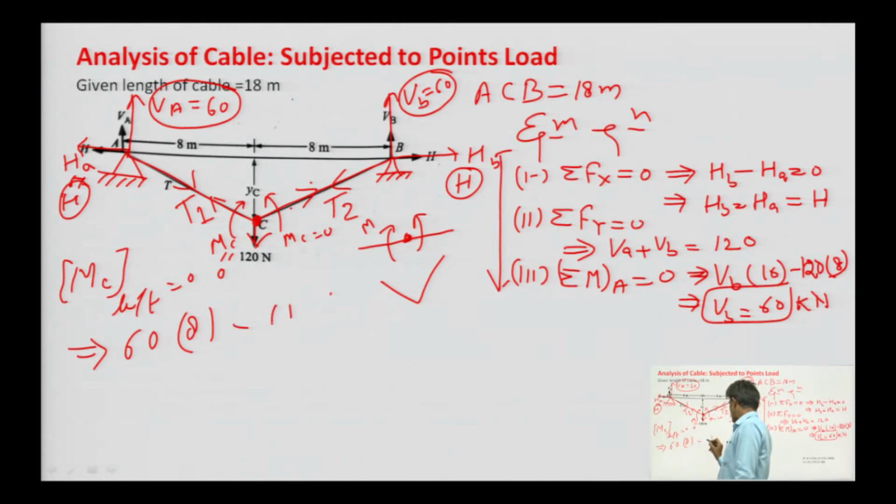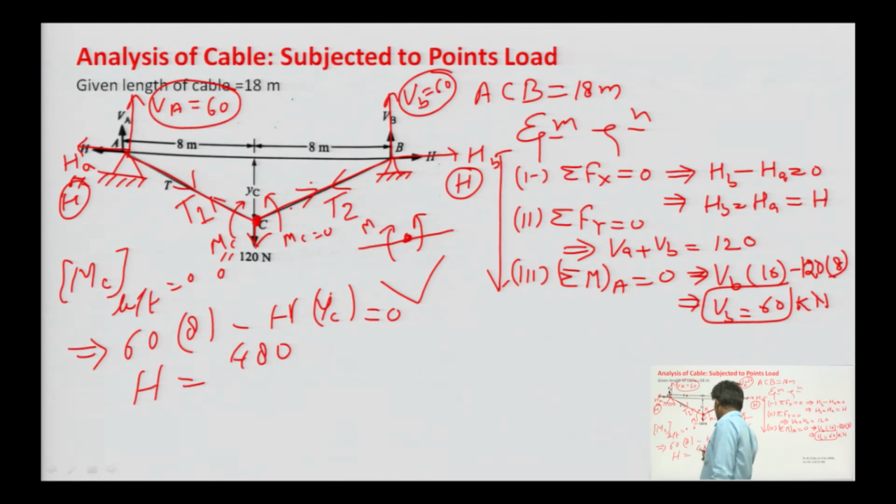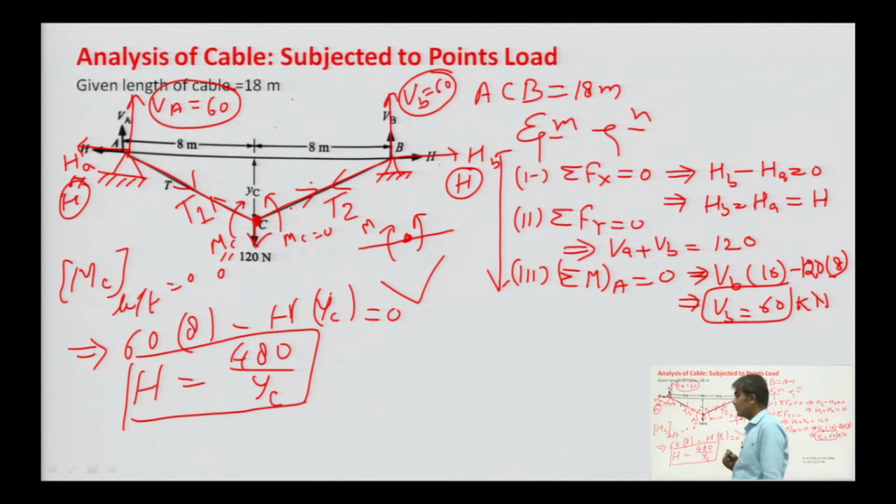So, minus H into the perpendicular distance YC, there is no other force, so it is 0. So, the value of H will be 60 into 8, so 480, divided by the value of YC. If the value of YC is known to us, then we can calculate H.